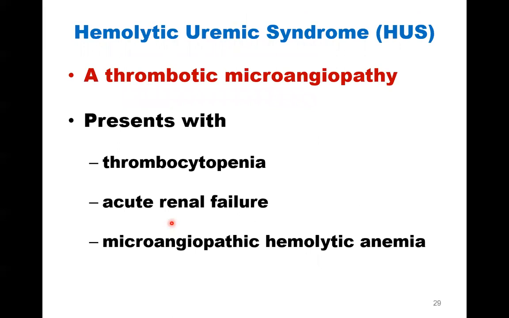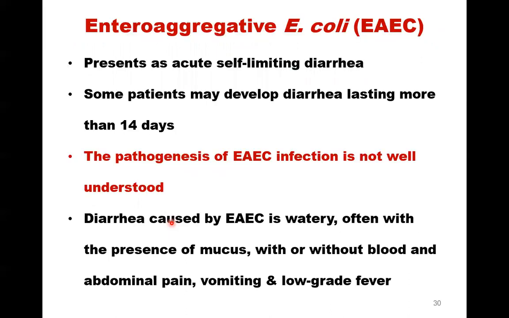Okay, as stated earlier, the hemolytic uremic syndrome is composed of at least these 3 clinical features. So you have thrombocytopenia, there's acute renal failure, and there is evidence of hemolytic anemia. Enteroaggregative E. coli can present with acute self-limiting diarrhea.